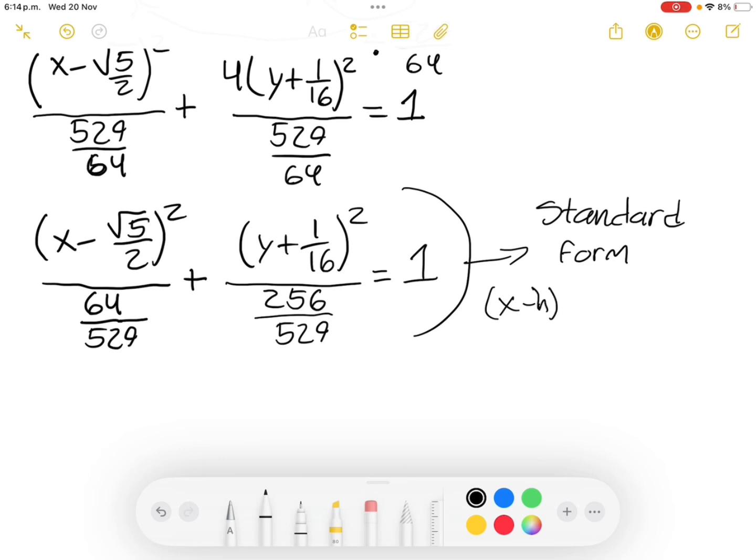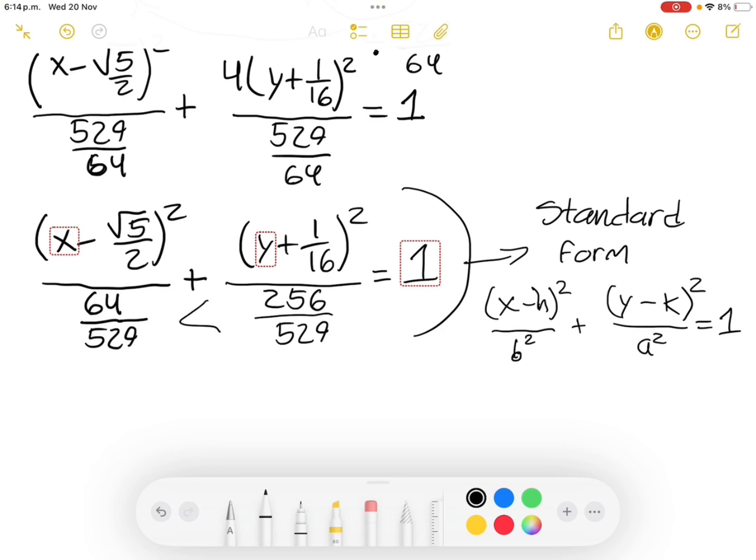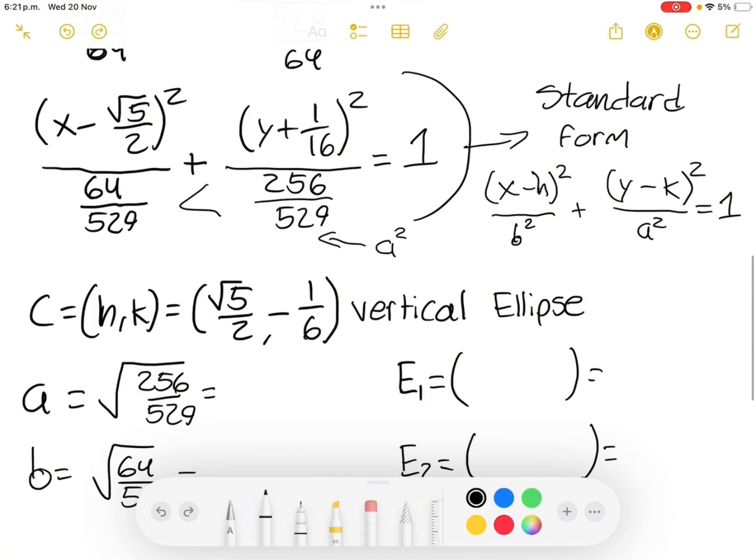And the formula is parentheses x minus h, squared, under b2, plus y minus k, squared, under a2, equal to 1. Now we can notice that this is bigger than the other one, so we can notice which is the a2, and now that we have the standard form, we can resolve this.